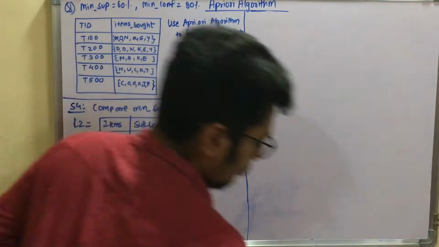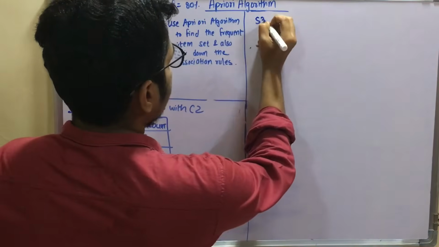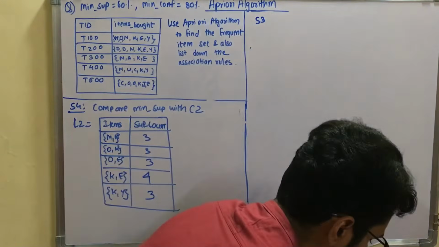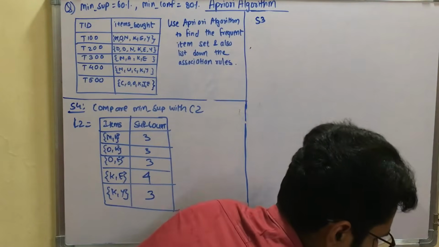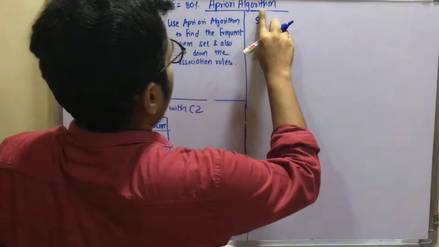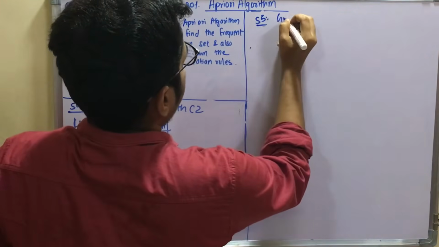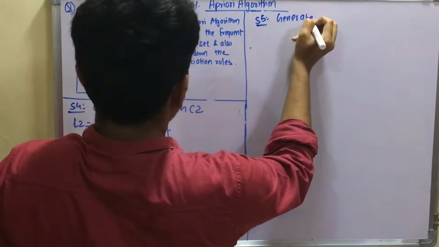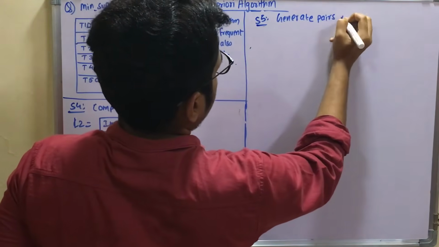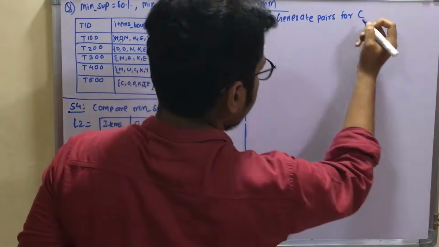So we have, that is step 5 we have. So we'll generate pairs for C3 we have.